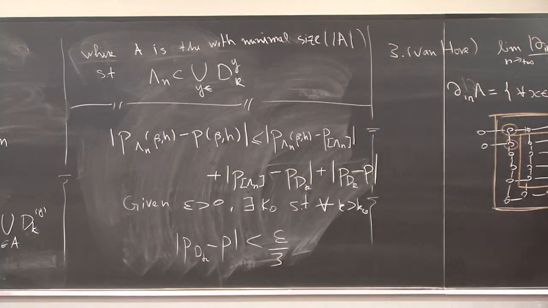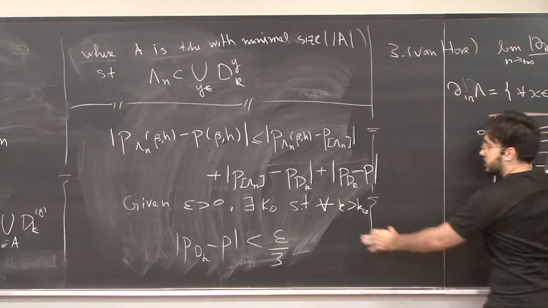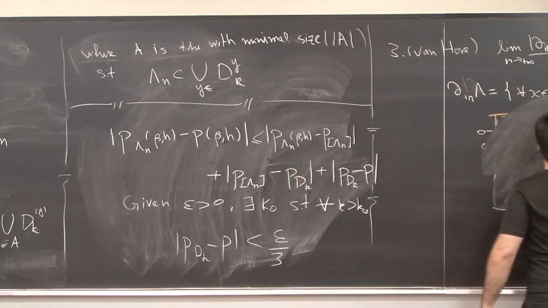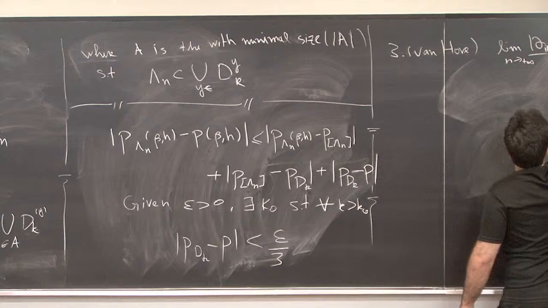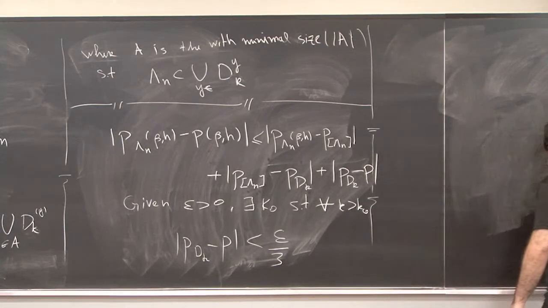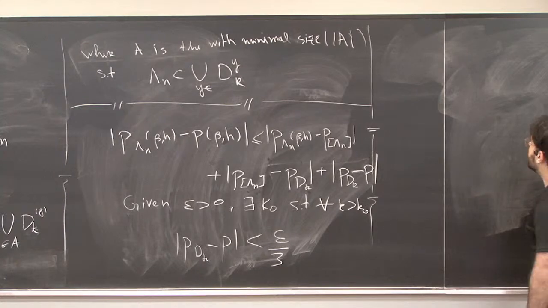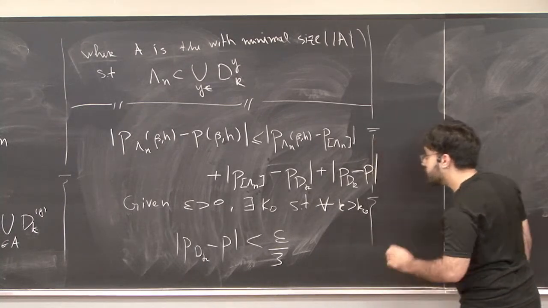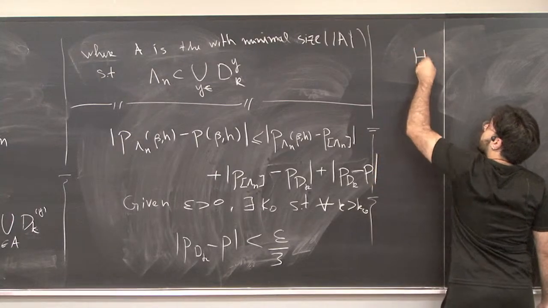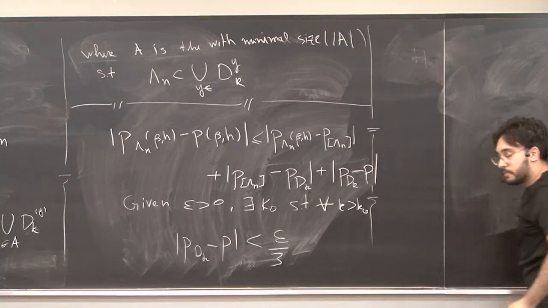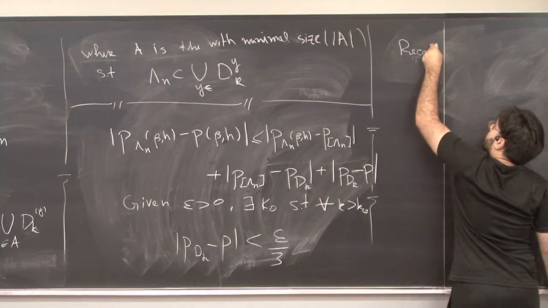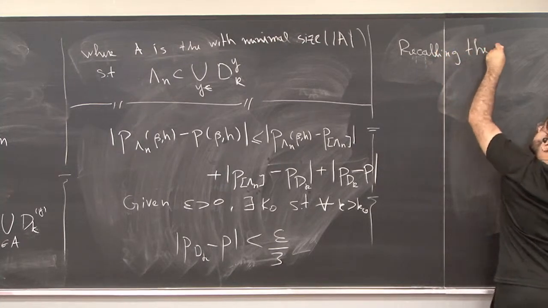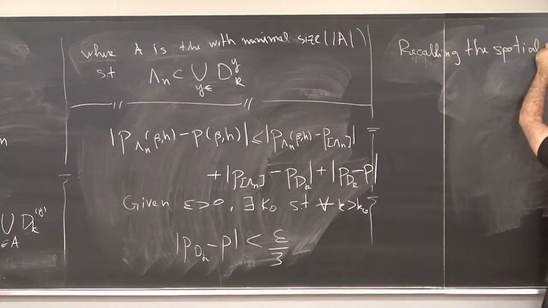Now we must analyze the other two differences. We will start with this one. I will do this by first recalling that we have a spatial decomposition property of the Hamiltonian.